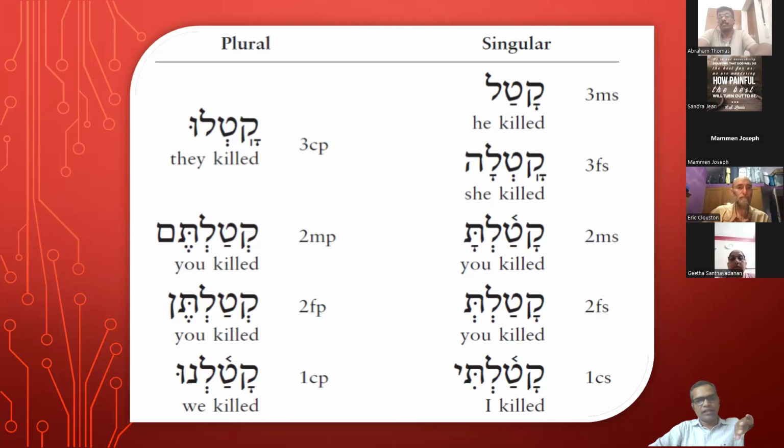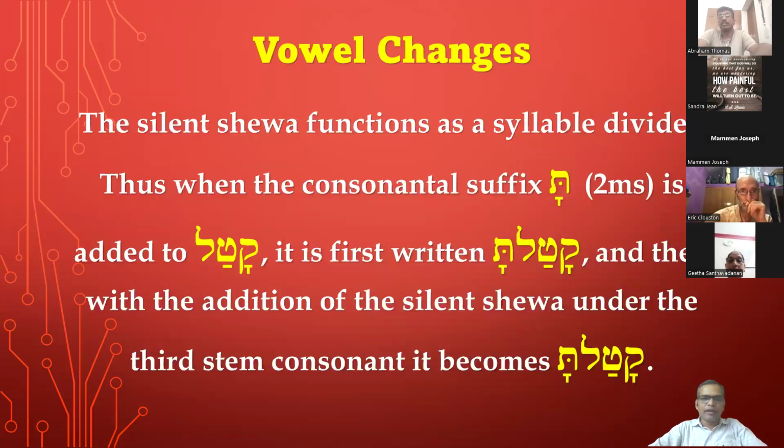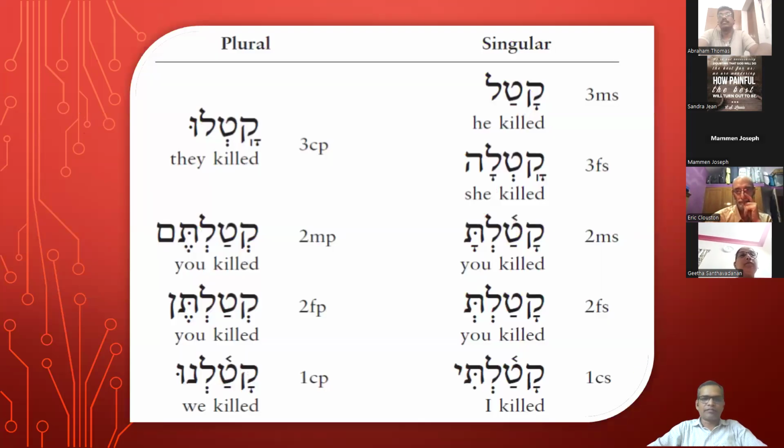So even separately, if it is written, it is carrying a separate syllable, which is a closed syllable, not an open syllable. Now let us try to understand how the endings are added and what changes will take place when we have the suffixes that are beginning with consonants. So the silent shiva functions as a syllable divider.